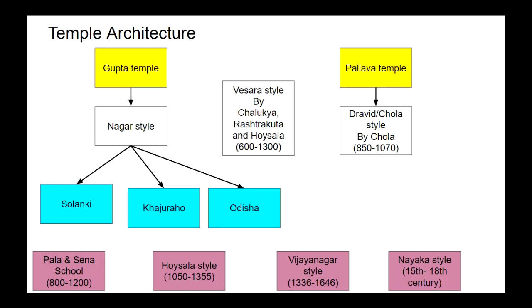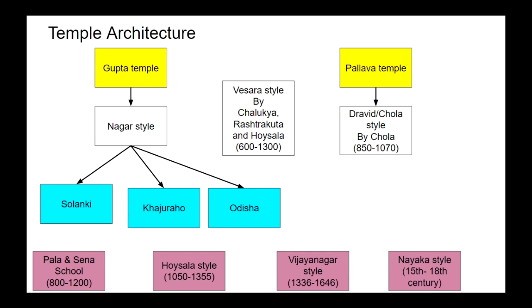So, temple architecture. There are three important temple architectures. One is Nagar style, another one is Vesara style, then the third one is Dravid or Chola style. The Nagar style temple architecture developed from Gupta temple architecture, and it was further divided into three sub-schools.